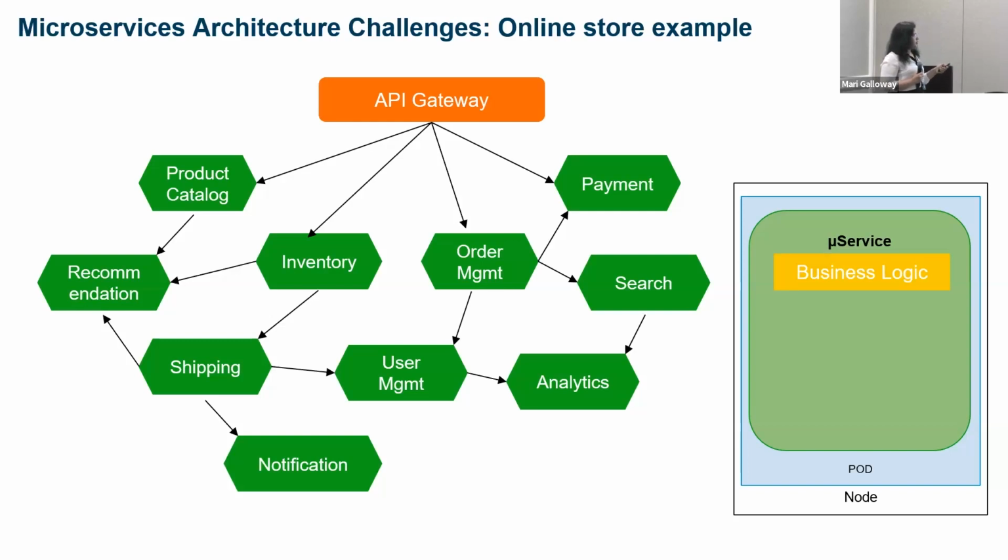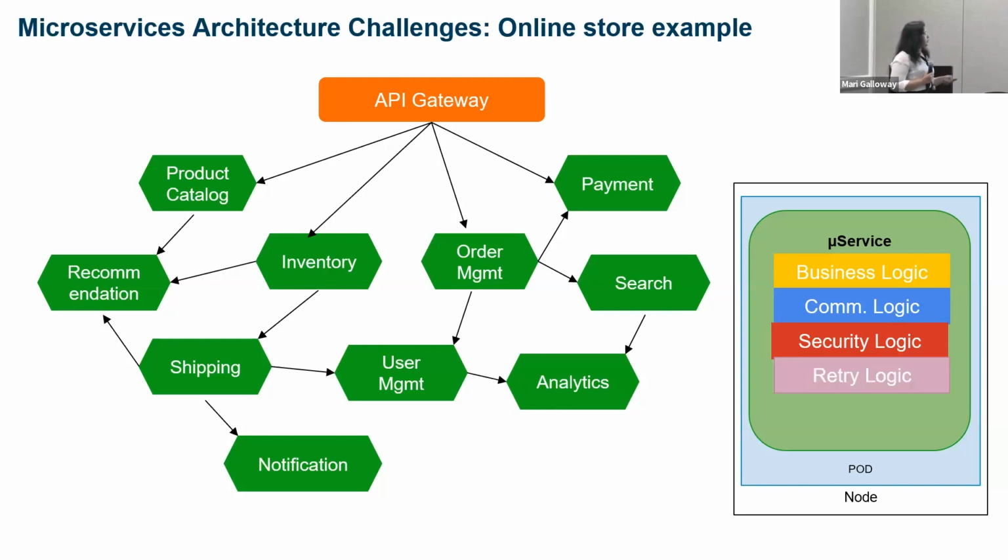So the order management developer would need to write the communication logic to be able to talk to the payment microservice. And then the payment service has sensitive data. So the order management developer would now need to write the security logic to be able to authenticate to the payment microservice.